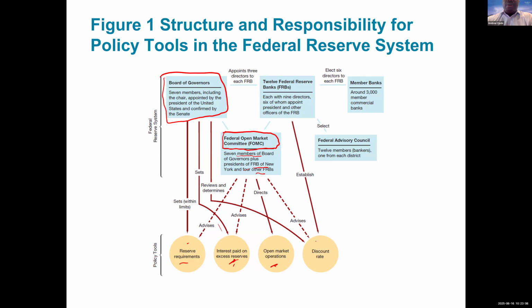So they're going to advise on discount rate policy. And then they're the ones who direct policy of buying or selling of treasury bonds to control money supply. We'll talk a lot about that. But the 12 Federal Reserve banks, the 12 district branches that were talked about, all branches of the Fed across the country, they're the ones who establish the discount rate, okay, which is then ratified by the what?